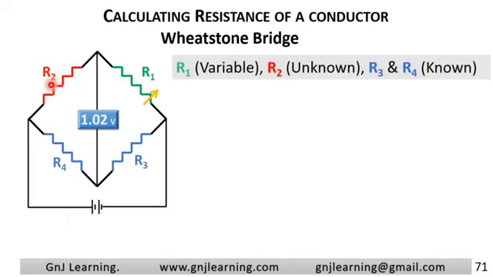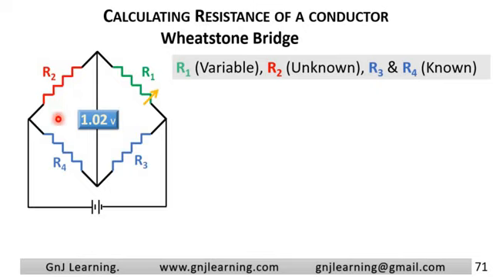R3 and R4 are known resistances or a resistance box. These values I will know. They are connected in series, whereas in the other series R1 and R2, R1 I can know and also vary, and R2 is unknown and I cannot make any variation in it. And this is what I have to find out.